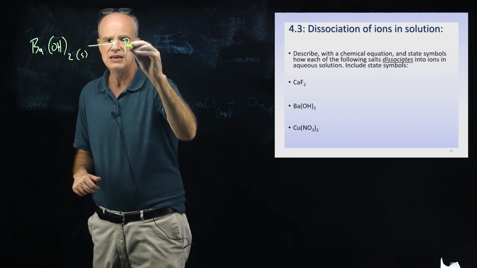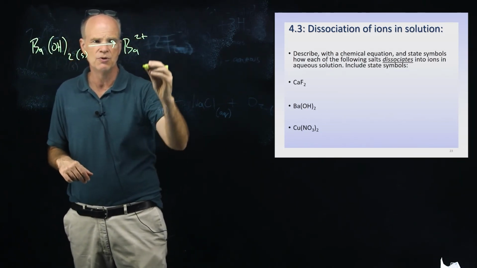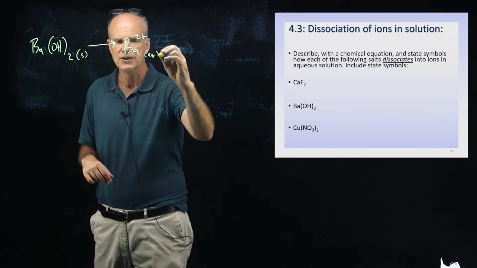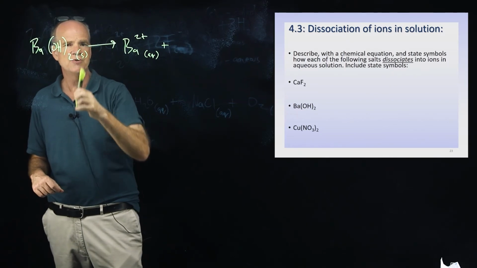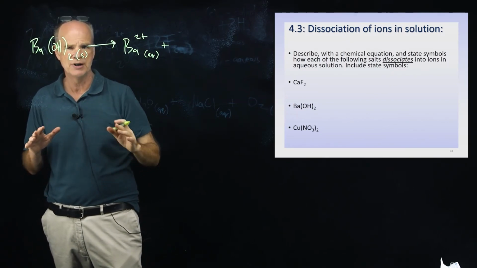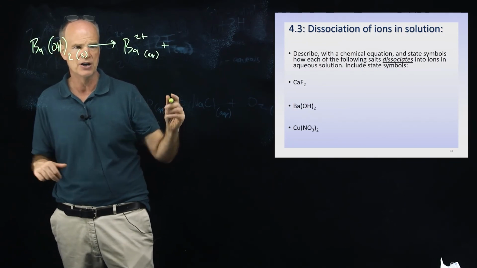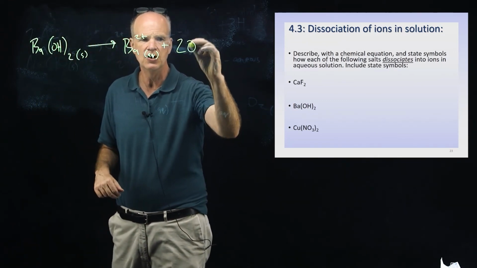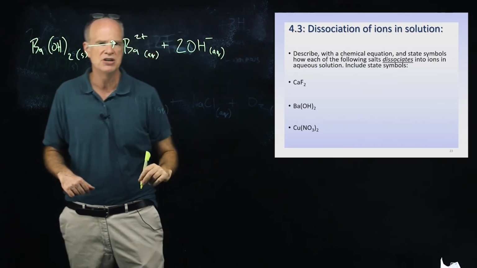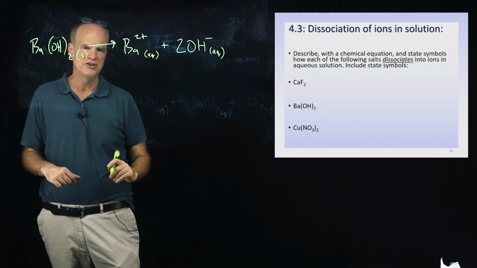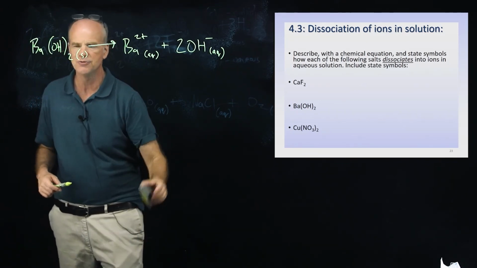So we write Ba2+, and to show that it's dissolved in water, we write aqueous. And then the hydroxide ions, each with a negative charge, separate from the barium. So we have two hydroxides that go off from the barium. So we write 2OH, and then aqueous. And so that should be a good equation to describe the dissociation of barium hydroxide into barium and hydroxide ions. Let's do the next one.